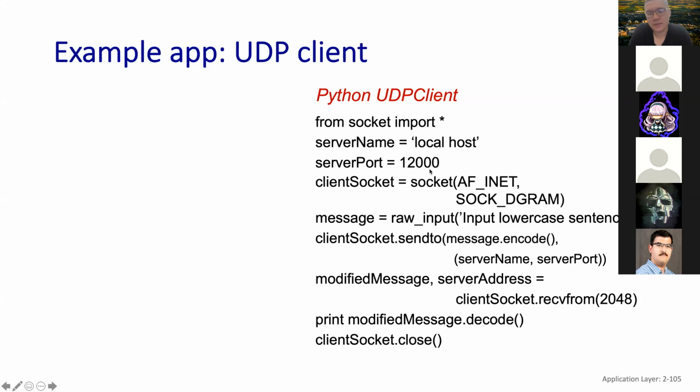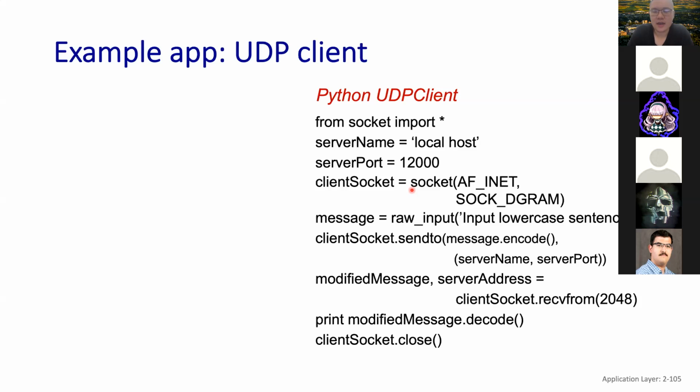So it's the server port number, and after that you just create the client socket here. Let me change to a laser pointer. After you specify the server name and the server port, you just create the socket. For the AF_INET, you have AF_INET or AF_INET6, right?